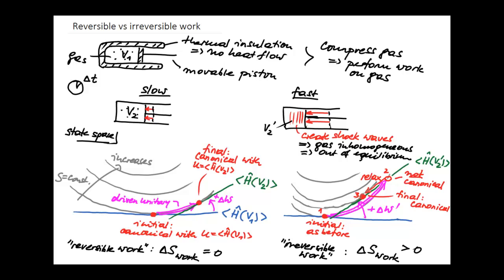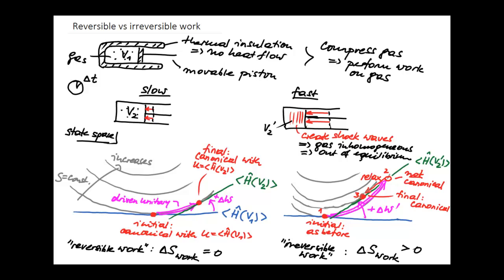So the time scale on which you perform work is shorter than this relaxation time scale, and only at the end of the process the system has to relax back to equilibrium, and this leads to the irreversibility and an increase of entropy just due to work.